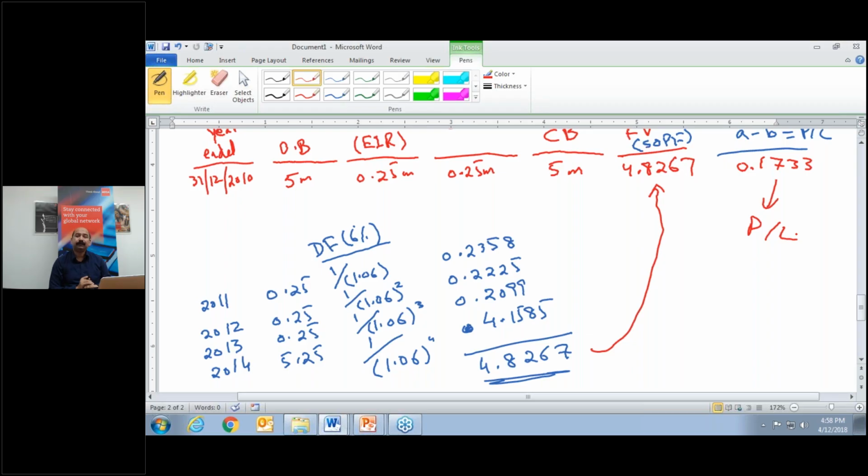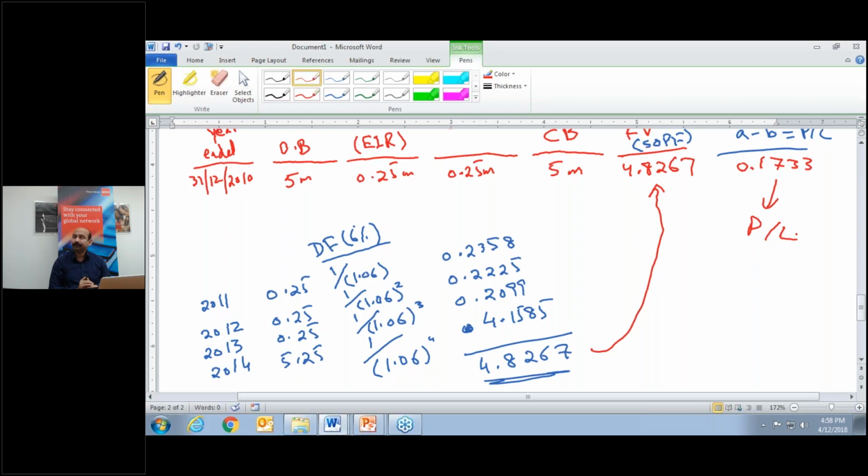There you are paying interest. Here you are receiving interest. There you are making capital repayments. Here you are receiving the capital at the end of the life of this financial asset. Otherwise, determination of fair value is same.